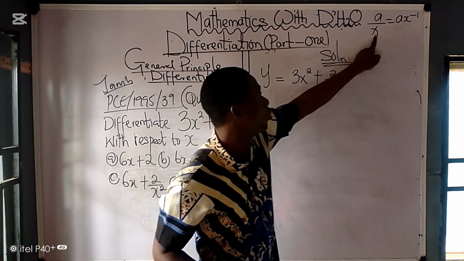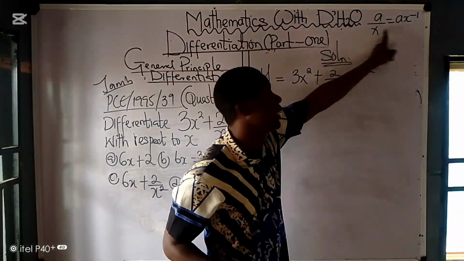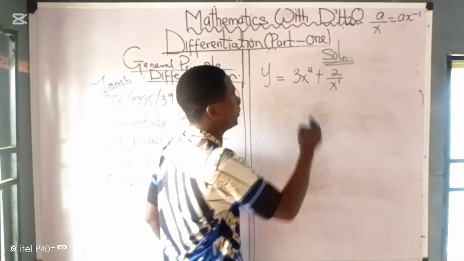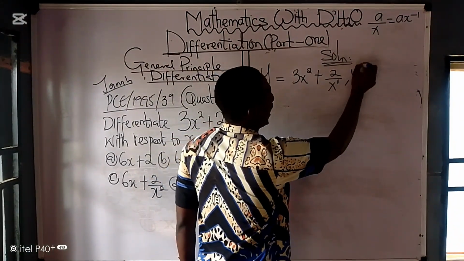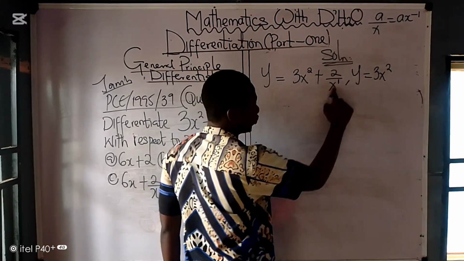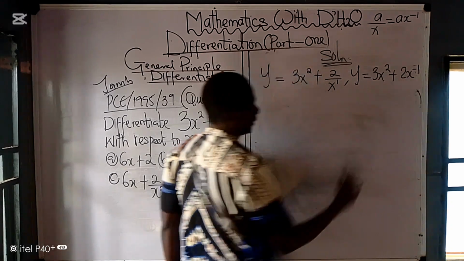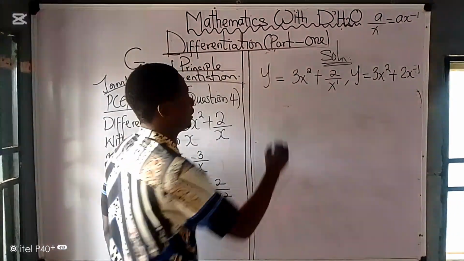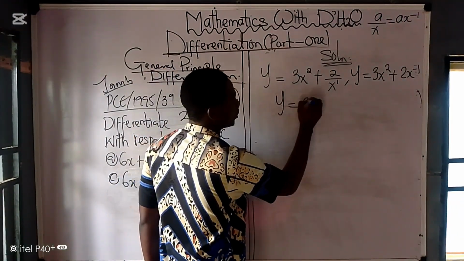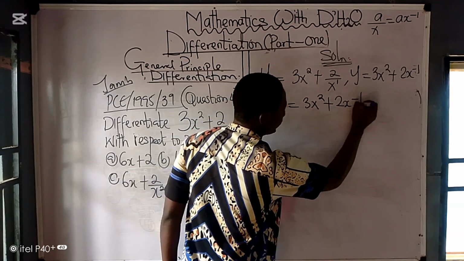So if the x goes up, it will carry a negative sign. But when it comes down, the negative sign will disappear. So it means that in this question, I have y equals 3x squared. Watch this. This will go up. You have plus 2x raised to the power of minus 1. So what I'm differentiating is y equals 3x squared plus 2x raised to the power of minus 1.